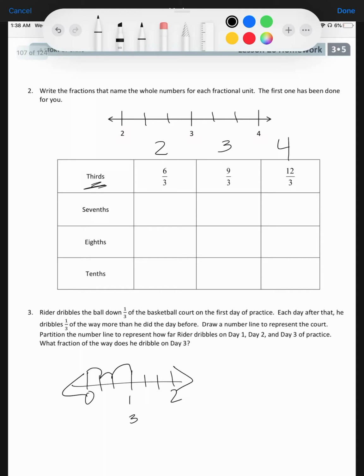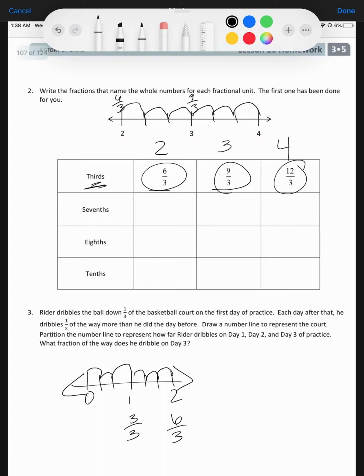So 1 is equal to 3 over 3. 4/3, 5/3, 6/3. So we're starting up here with 6/3. And you'll see that's what's on this line. 7/3, 8/3, 9/3. And that's what's here. 10/3, 11/3, 12/3. That's what's here.